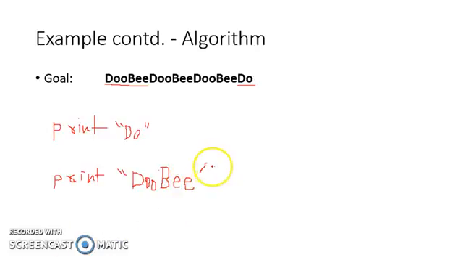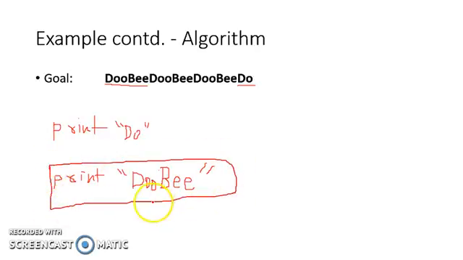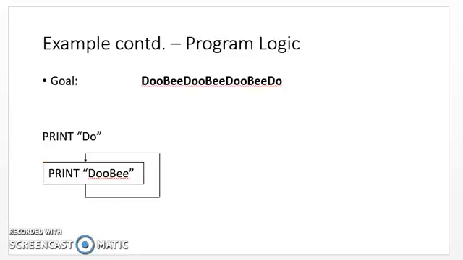There will be another print statement, this do, be, which will repeat for n times. This is the algorithm that we have just developed for solving this problem.